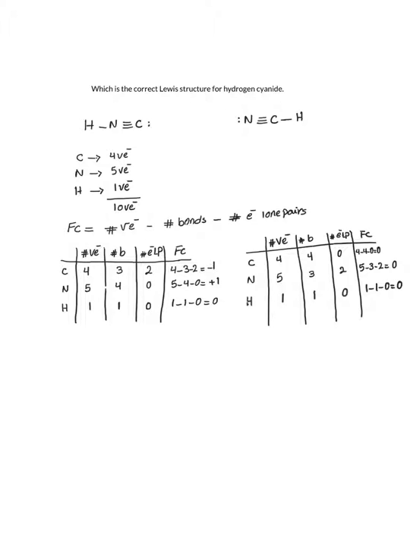Also, in the other structure, carbon has -1 formal charge and nitrogen has +1 formal charge. And we know that nitrogen is more electronegative than carbon, so it would be better to have a negative formal charge on the more electronegative atom. Based on these two reasons, the structure on the right is the best structure for hydrogen cyanide.